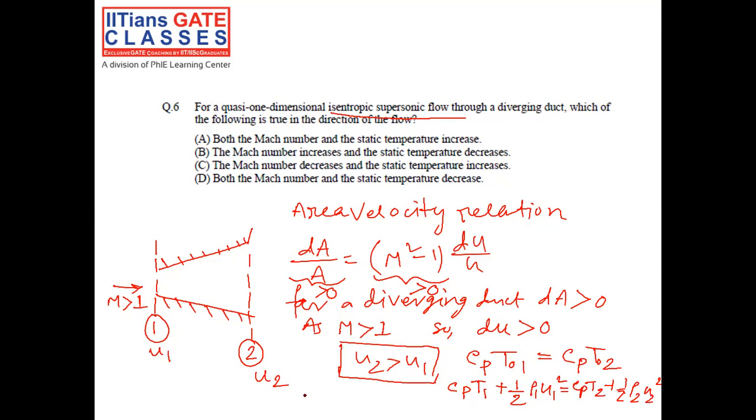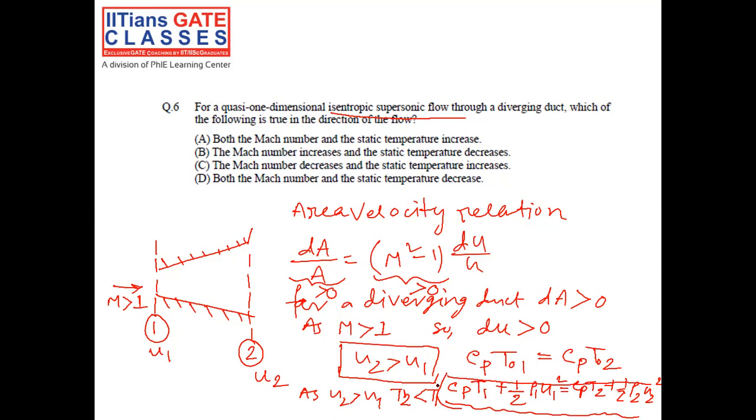And as u2 is greater than u1, from this equation we can say that T2 has to be less than T1 to satisfy this energy conservation equation.